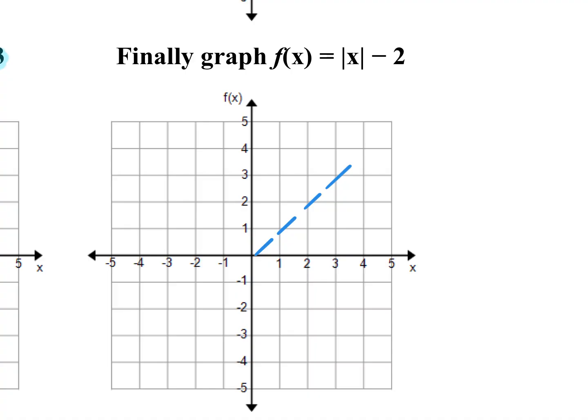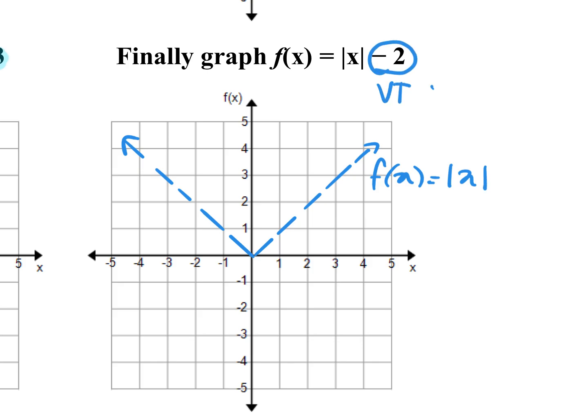That's going to be our parent function, which is f of x is equal to absolute value of x. Now there is actually a vertical translation of 2 down. It means from 0, 0, it's going to go down to 2. So here's going to be my vertex now.